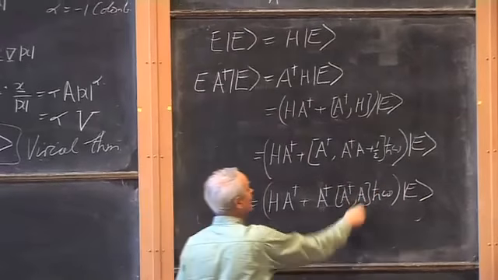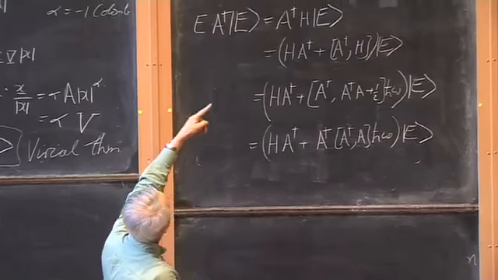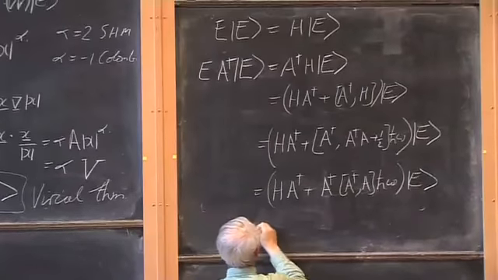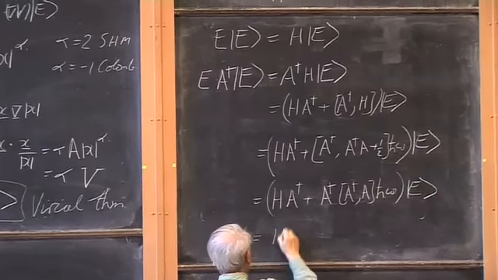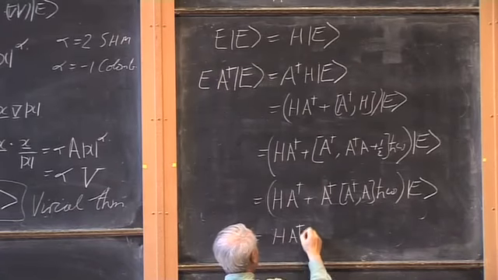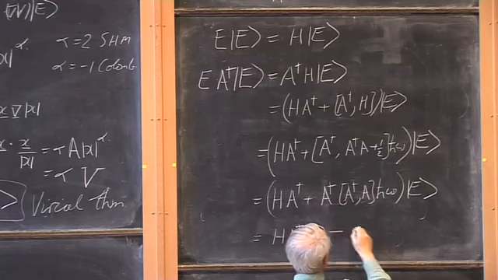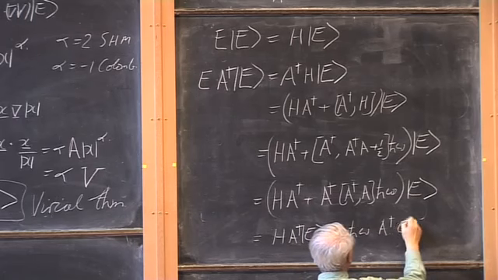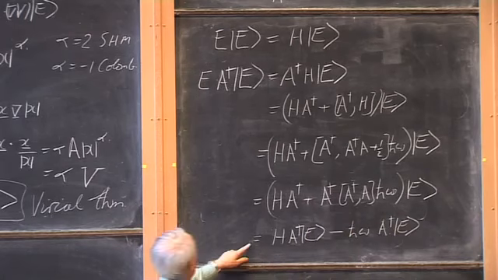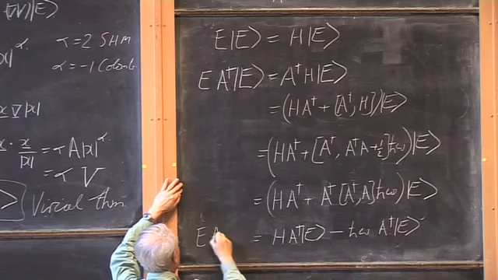But we just worked this thing out and found that it's -1. The commutator [a, a dagger] turned out to be 1, so this is equal to H a dagger |E> minus h bar omega a dagger |E>. Just to remind us, what we had on the left was E a dagger |E>.